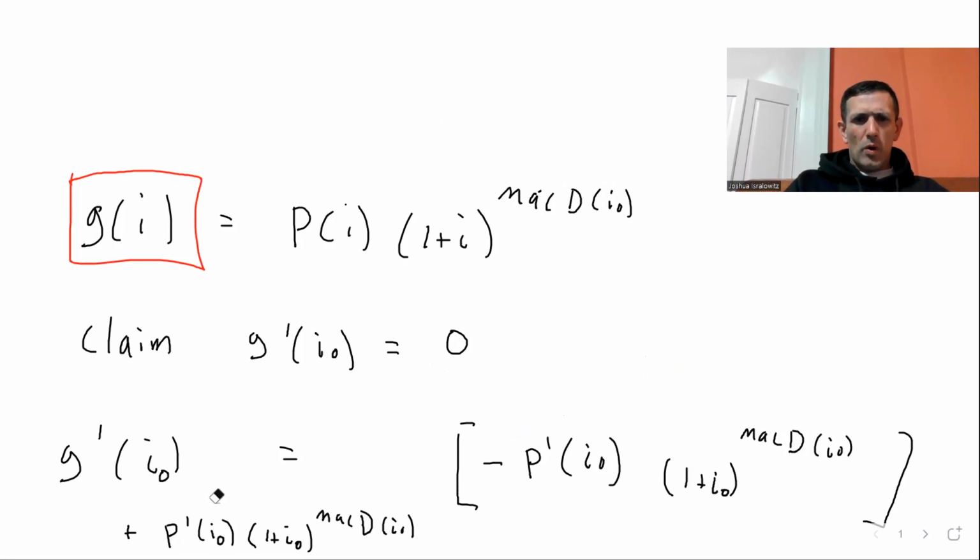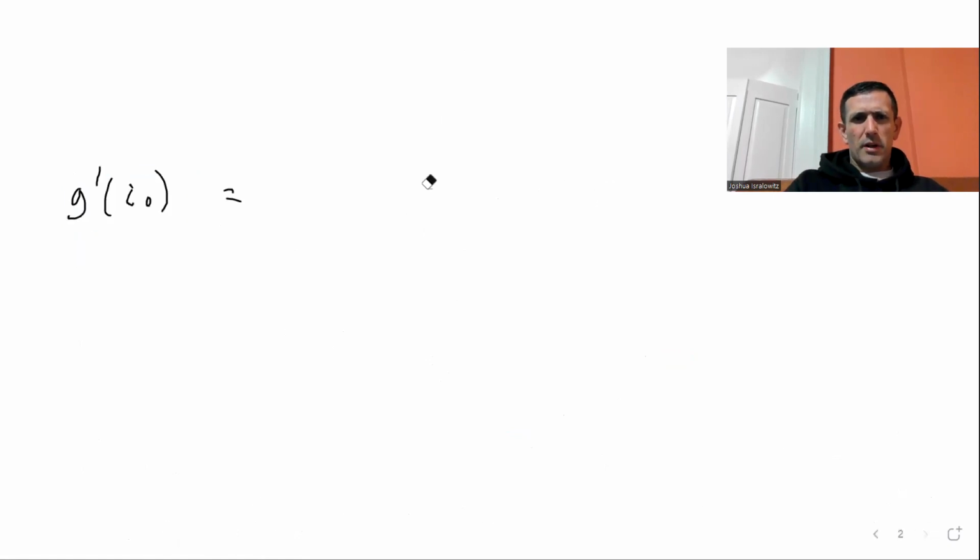Okay. Well, this is P prime of I0, 1 plus I0, the Mac D I0. So these two just entirely cancel each other out. You have minus this plus this, and that's exactly 0.